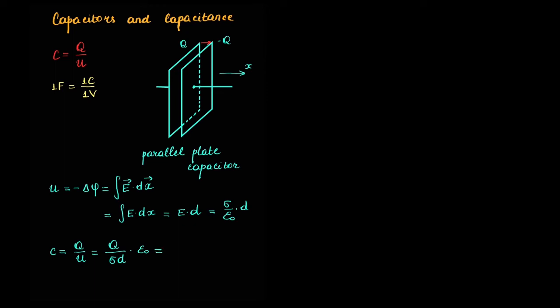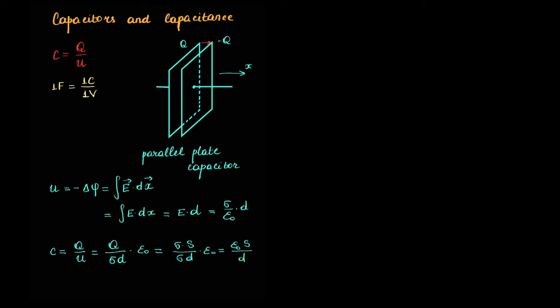If we express the charge on the plates in terms of sigma, then we get sigma multiplied by S divided by sigma d over epsilon 0, which is just epsilon 0 S divided by d.